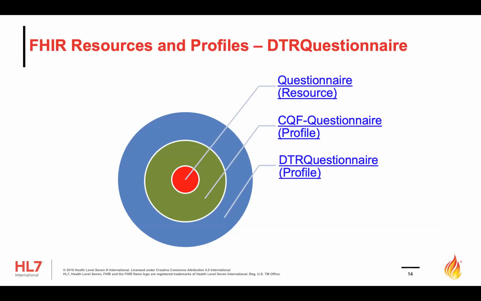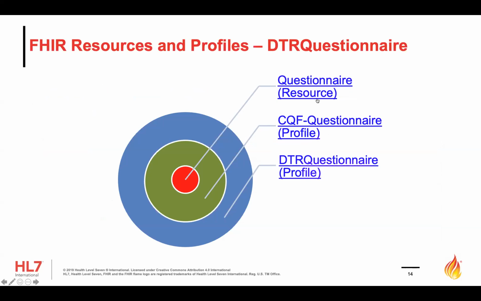And just to illustrate, this is just a basic graphic. It starts out, we're basing everything here on a questionnaire resource. The DTR questionnaire itself is a profile of the CQF questionnaire, so it's kind of a third profile there.